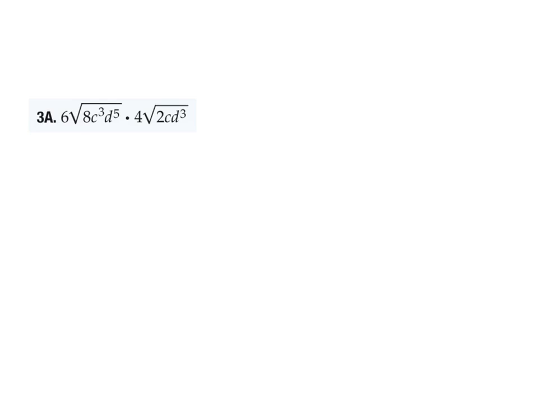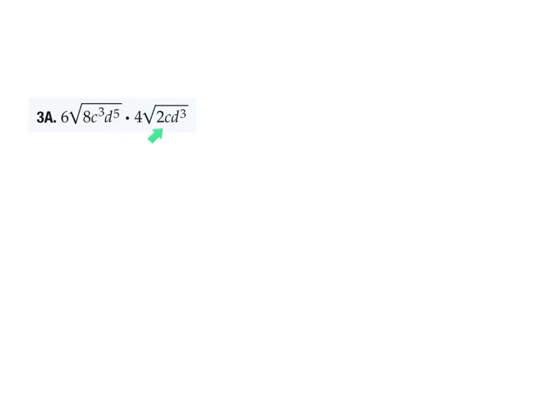So we are also going to have problems like this where we multiply. Okay, we have two radicals that are being multiplied together. And keep in mind, just like before, we want to think of the outside things as together and the inside things as together. So in this case, since my outside things, I have a 6 and a 4 and I'm multiplying, what would I get when I do that? 24.